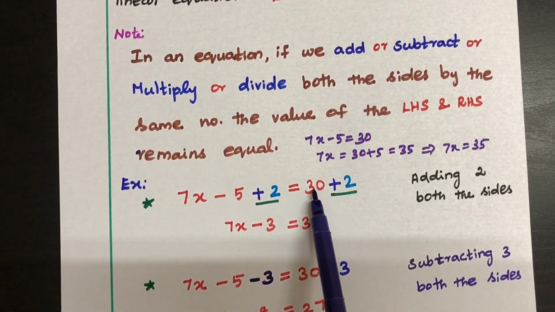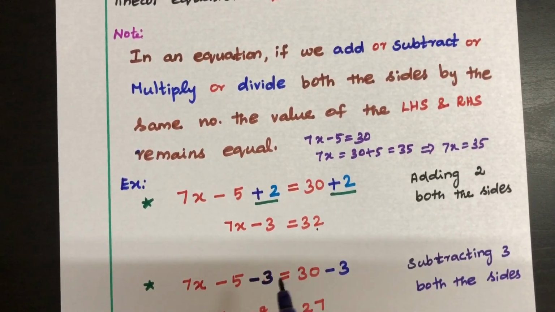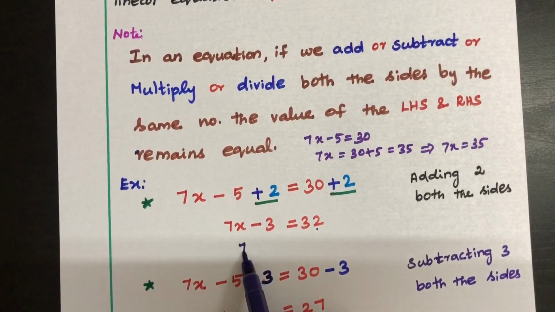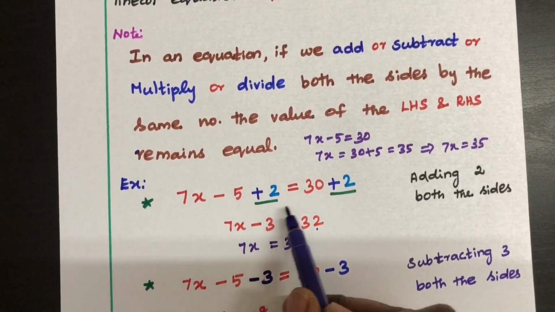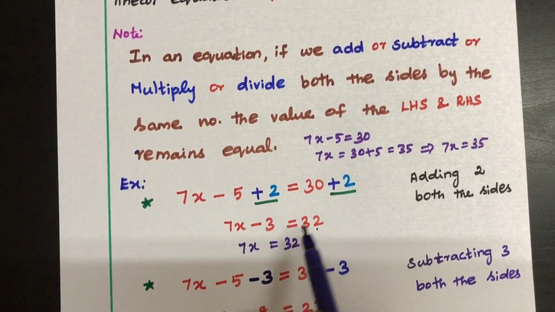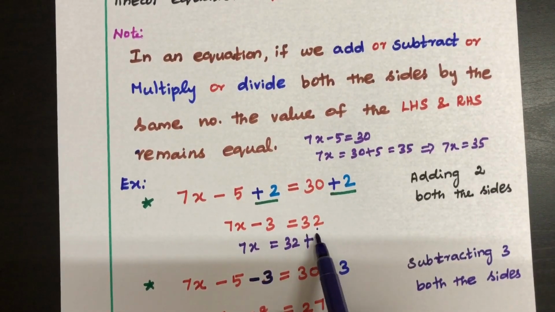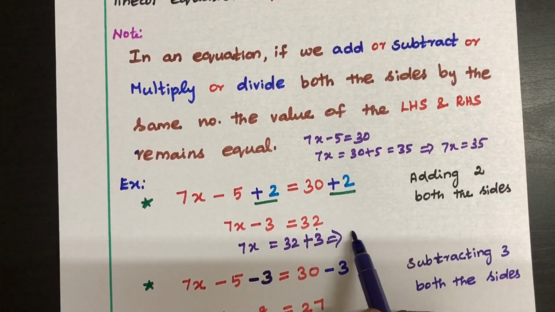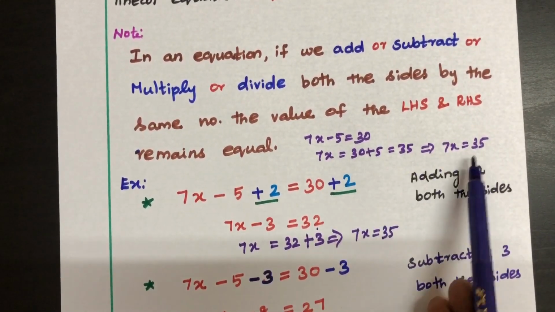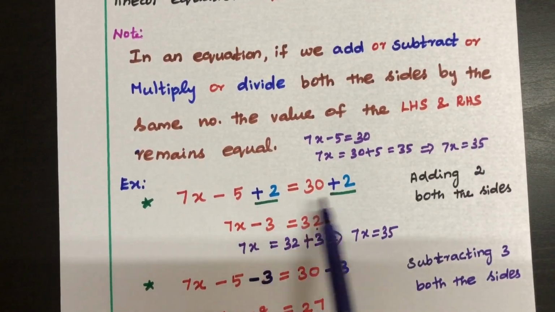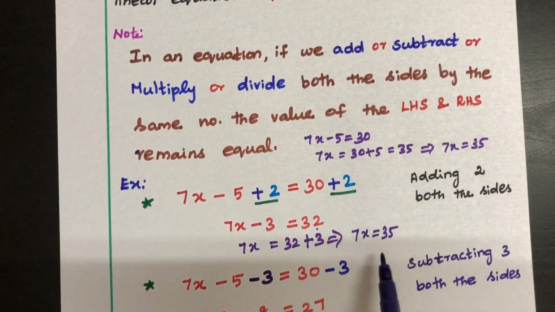This is equal to 30 plus 2, 32. But see here, 7x equal to 32 plus 3. During transposition, minus 3 becomes plus 3, right? So this is nothing but 7x equal to 35. It never changed. We added 2 on both the sides, but the answer remains the same.